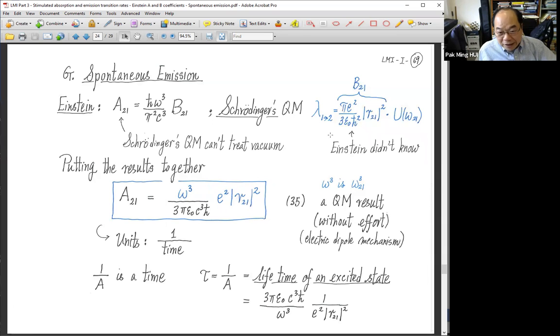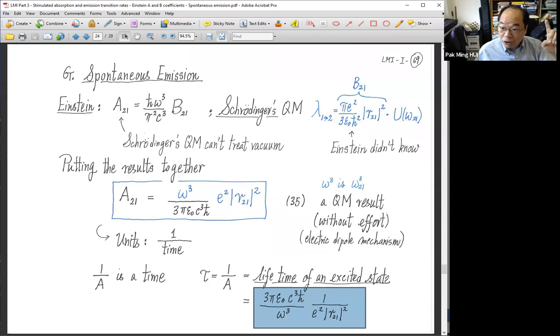Of course, this answer is based on the electric dipole mechanism. And then we have this omega cubed and a bunch of constants. I highlighted all the important things using a different color, all right? Now this, together, is the electric dipole mu squared. And flipping this gives some lifetime. Therefore, the lifetime of an excited state is now something that can be calculated quantum mechanically.